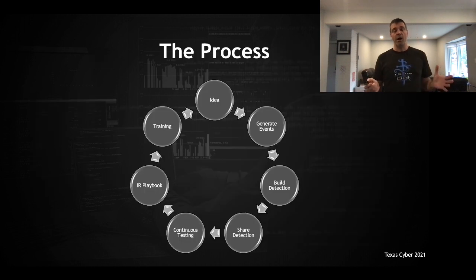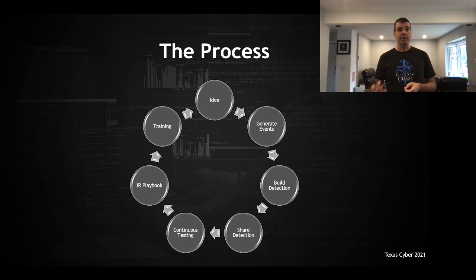Now, this is what we're going to talk about today. This is what I call the full circle detection. We're going to start with an idea, or what we call sometimes in threat hunting the hypothesis. Then we're going to see how we can generate events automatically and all the time whenever we need them.